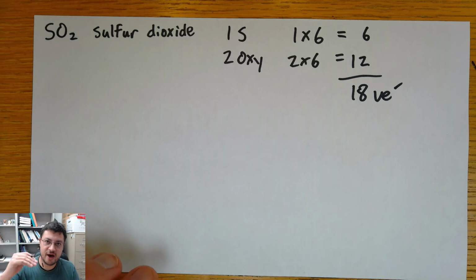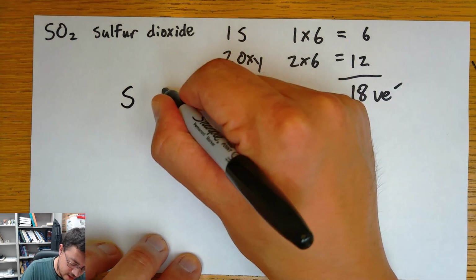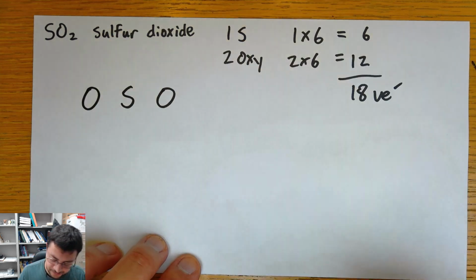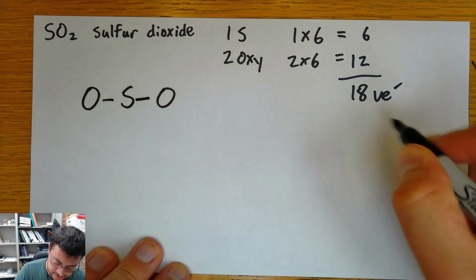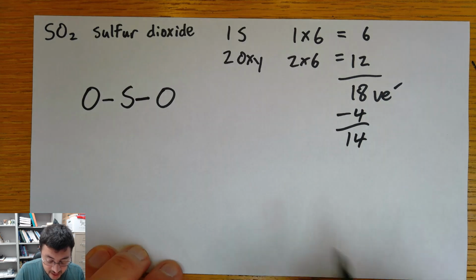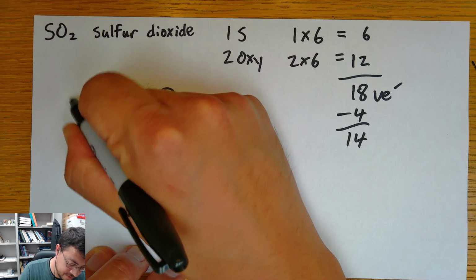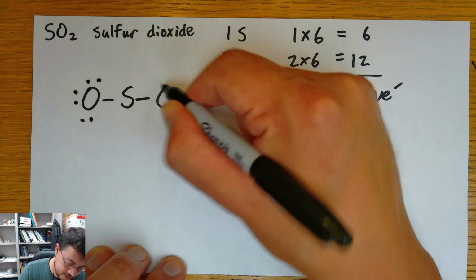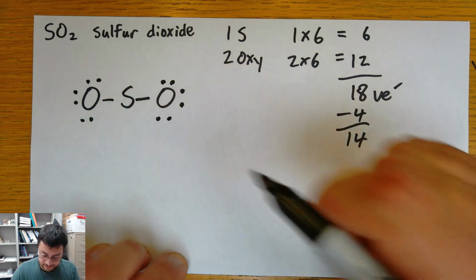It's more down compared to oxygen. It's a larger atom. Sulfur, oxygen, oxygen. Bond, another bond. We have spent 4, 14 left. Each oxygen is going to need 6 more, so that's going to spend 12. 2, 4, 6, 8, 10, 12.